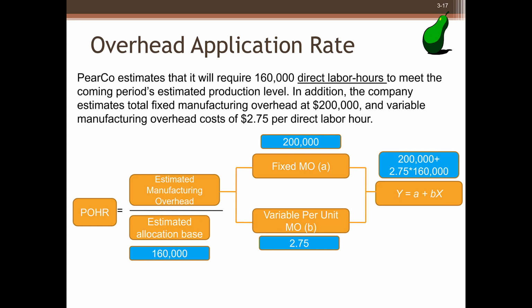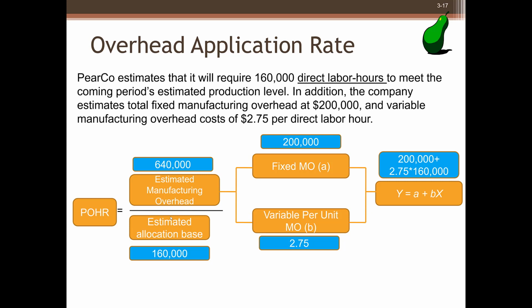So we can calculate 200,000 plus 2.75 multiplied by 160,000, and we will get estimated manufacturer overhead, 640,000. 640,000 divided by 160,000.